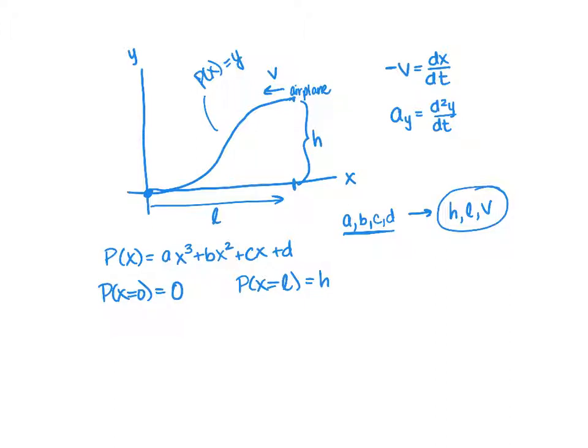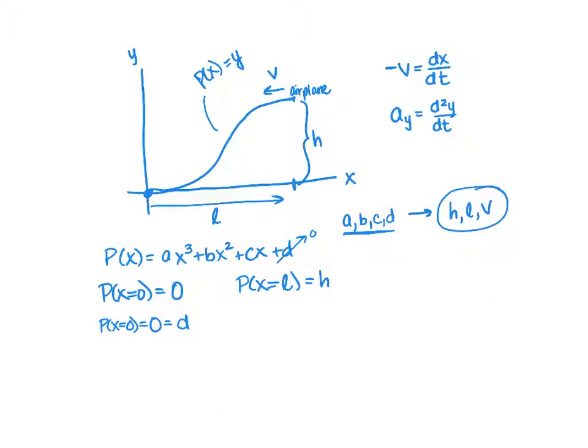So if we let x equal 0 and set that equal to 0, the first three terms just disappear, and we're only left with d. So right away that tells us that d is 0. And so that's kind of nice. We can get rid of that right away.